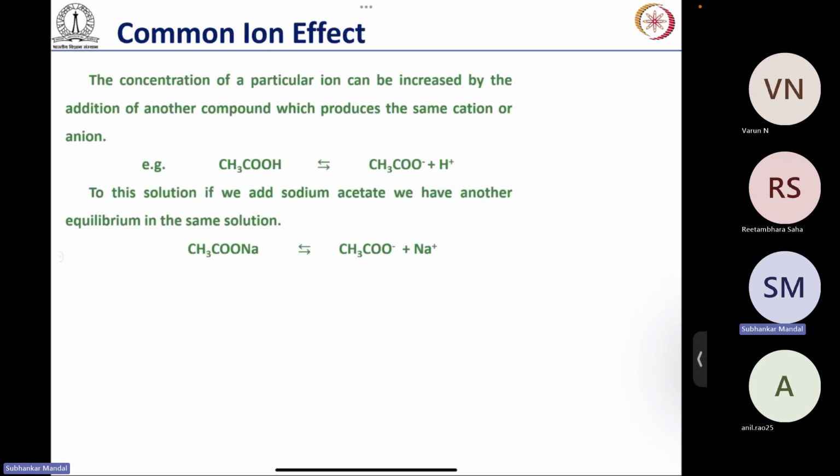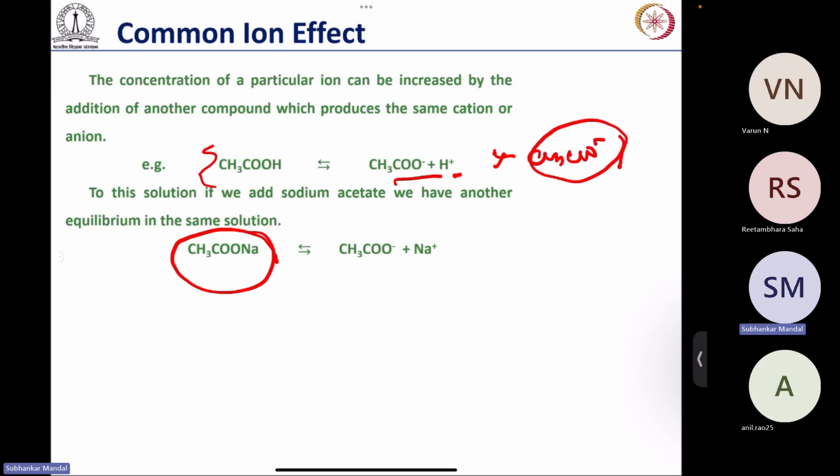Okay, after that we have discussed the common ion effect. So common ion effect, basically what it tells, take as an example acetic acid, which is a weak acid, so it will sparingly dissociate. Some amount will form CH3COO minus and H plus. Now if you add sodium acetate, then what will happen is that in the system the CH3COO minus concentration will increase.